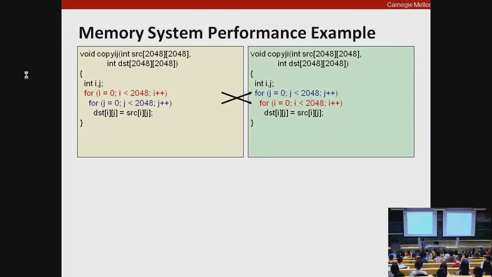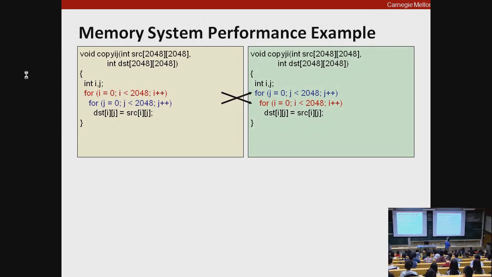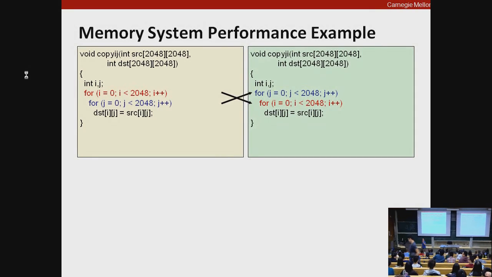And in the real world, sometimes really small things make a difference. For reasons we'll talk about later in the semester, if you look at these loops and you see i and j and j and i, you'll find that the two loops, those nested loops, are in different order there. One's ji, one's ij. i nested within j versus j nested within i.